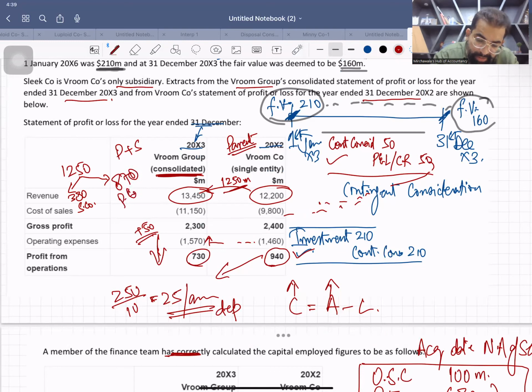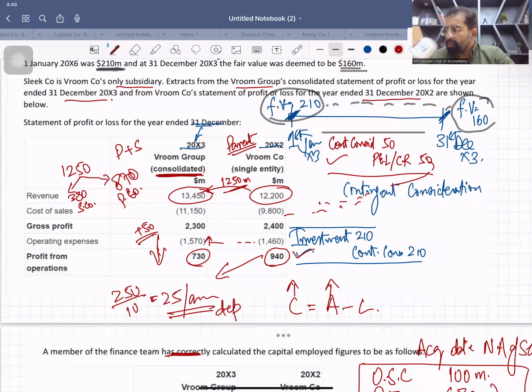That means P company is a giant. The total increase is 1250. Out of this 1250, 380 belongs to S company, so 870 belongs to P company, right?